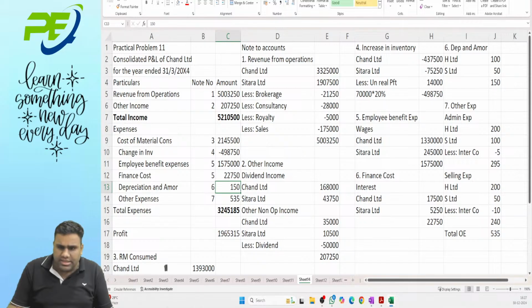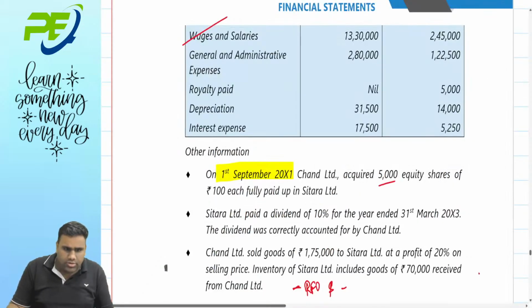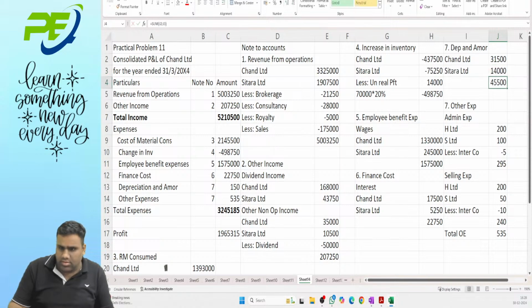Depreciation and amortization, of note number 7. So depreciation and amortization 31,500 and 14,000. 45,500.